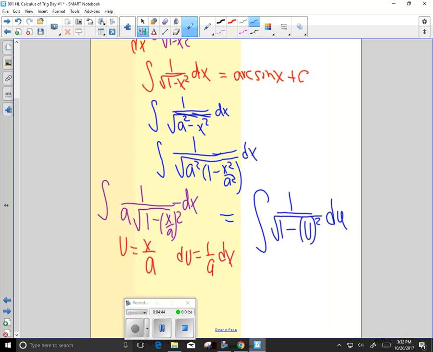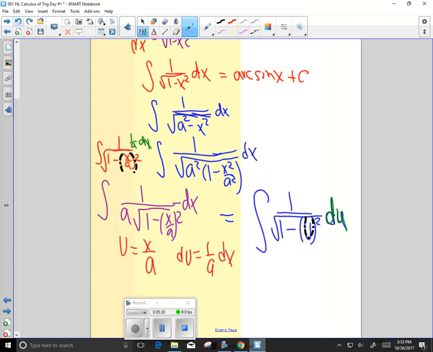So one more in-between step here. You have 1 over the square root of 1 minus x over a, quantity squared, and then you have, in green here, 1 over a dx. The green is du, and what's in parentheses is my u.